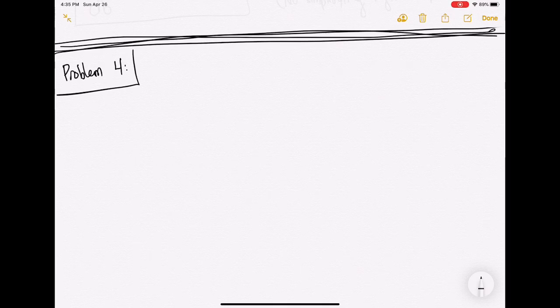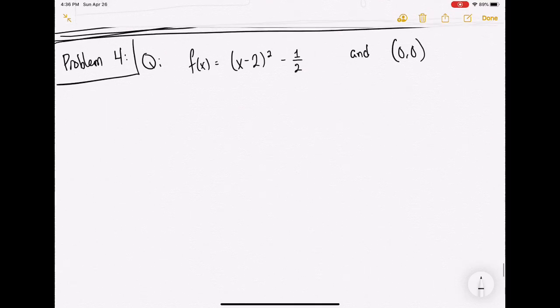This is still tricky. It says, at which x value does the shortest line segment between the curve f of x equals x minus 2 squared minus 1/2 and the origin exist? So the shortest line segment is equivalent to the shortest distance. At which x value?